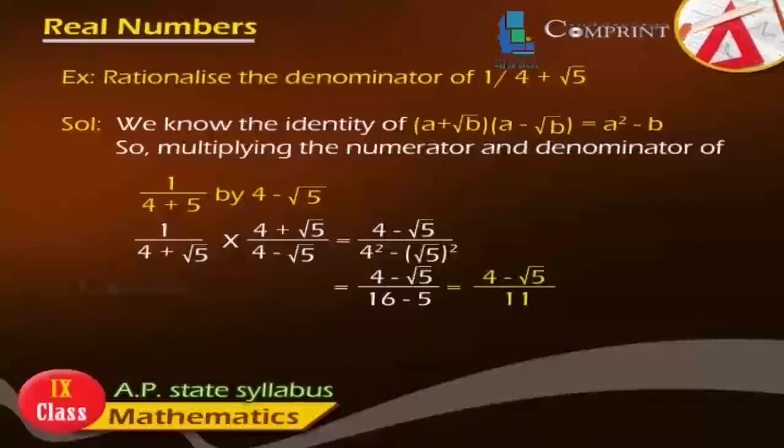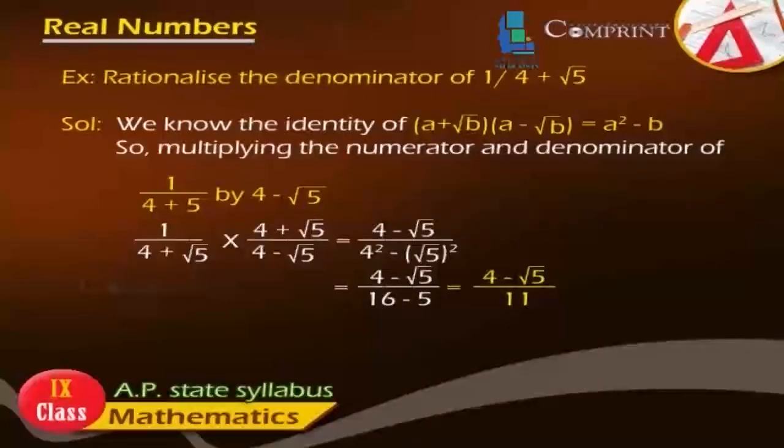Example: rationalize the denominator of 1/(4 + √5). Solution: we know the identity (a + √b)(a − √b) = a² − b.